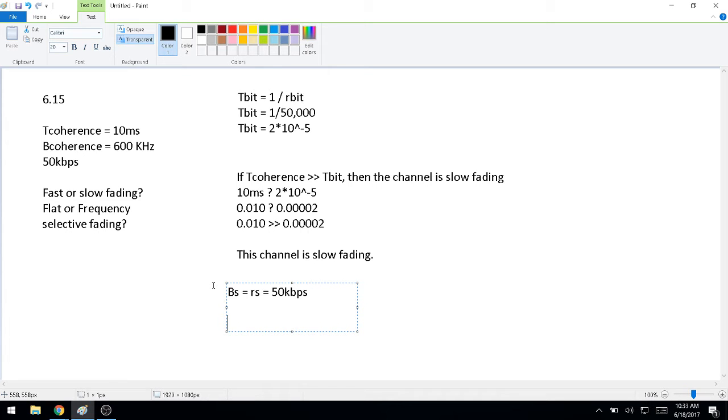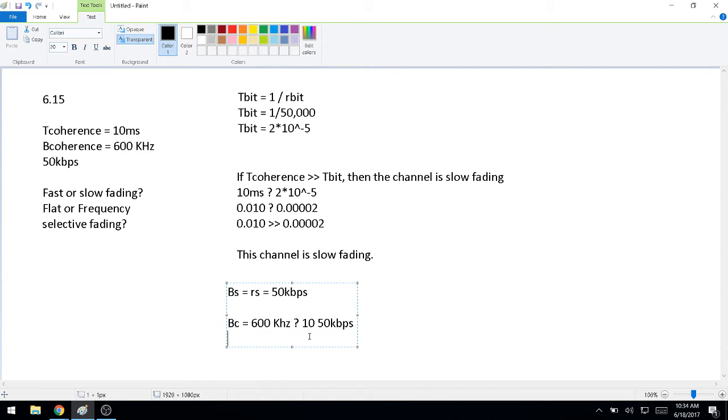If we look at our numbers here, we have a coherence bandwidth of 600 kilohertz, and we need to see how it compares to 10 times our bit rate, which is 50 kilobits per second.